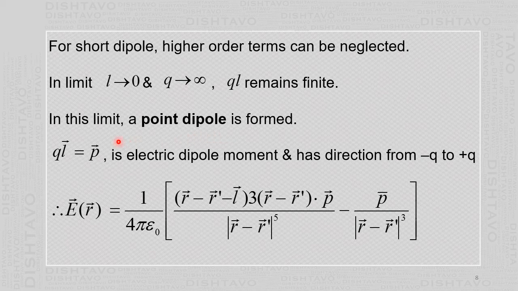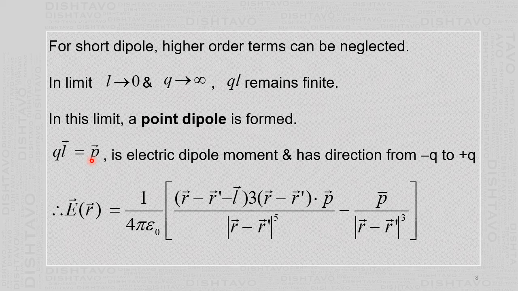As we defined earlier, Q vector L equals vector P. See, Q is one of the charges of the dipole, vector L is the distance from minus Q to plus Q, and vector P is the electric dipole moment.